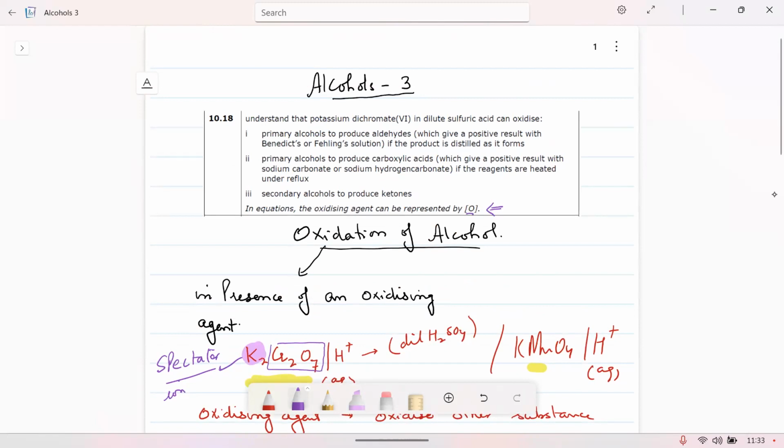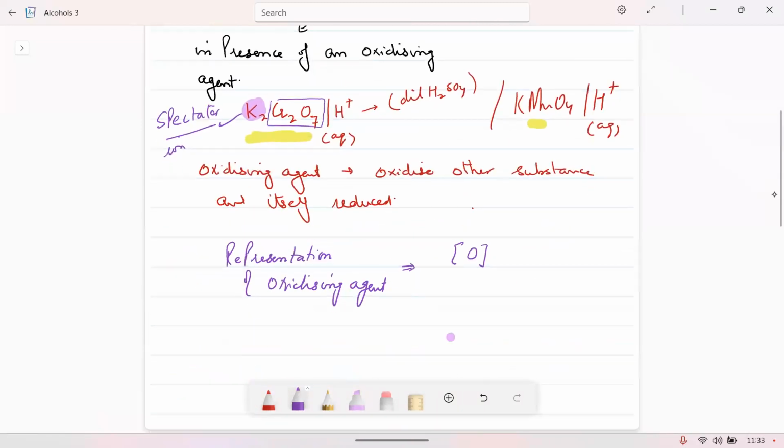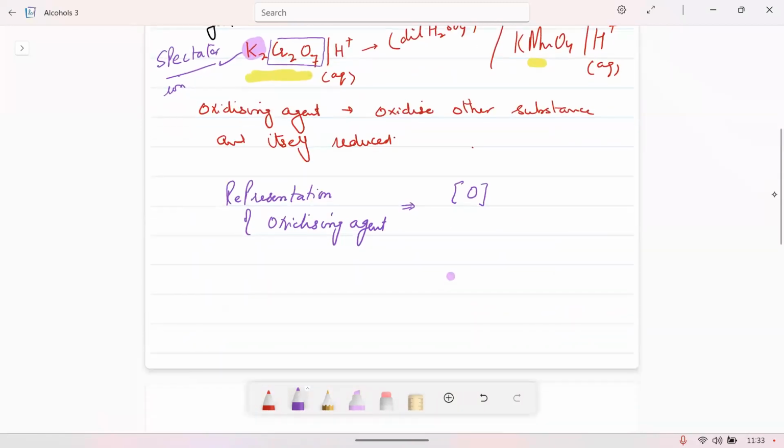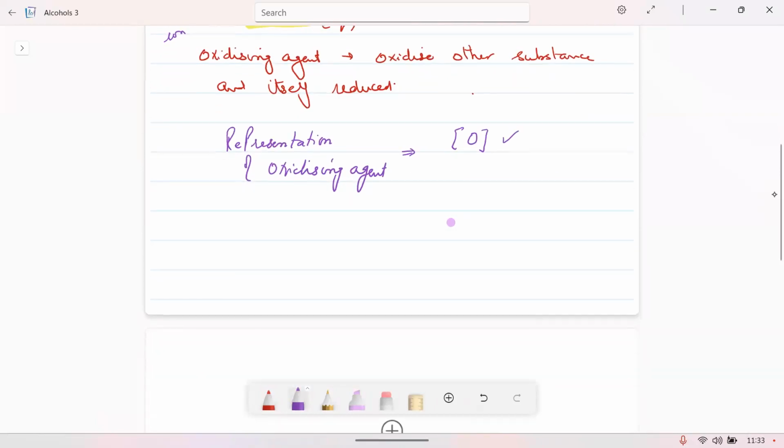Since we are focusing on the oxidation of alcohols, we are looking at what is happening to the alcohols. We are not focusing on what is happening to the oxidizing agent, even though we will be studying it, because we need to know the changes in the colors and the species responsible for that. So when you're writing out a reaction, you don't need to write the whole thing, K2Cr2O7 in acidic medium. This on the arrow is enough to show the examiner that you are using an oxidizing agent.